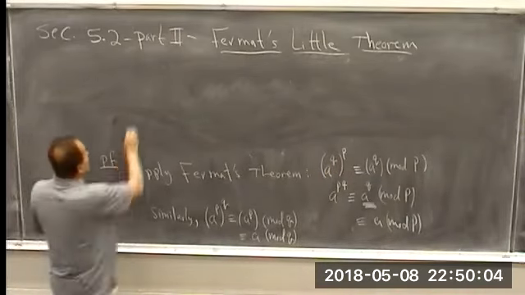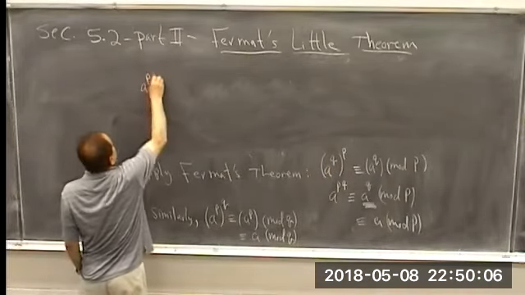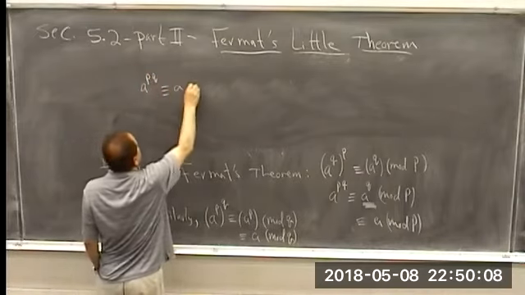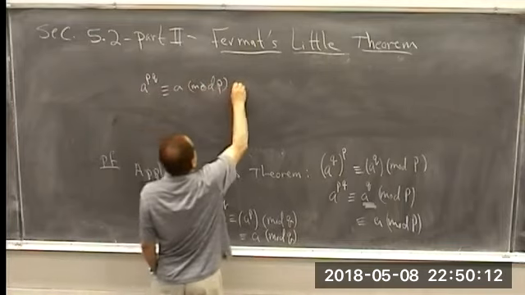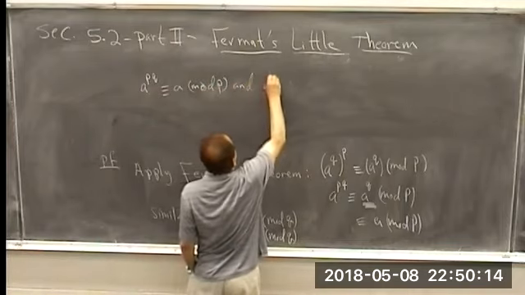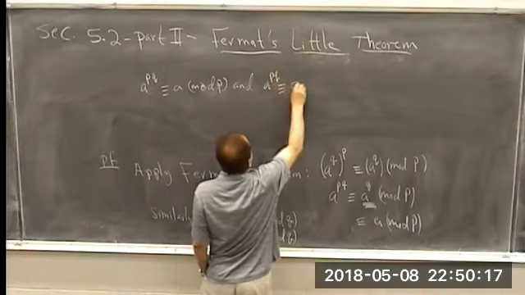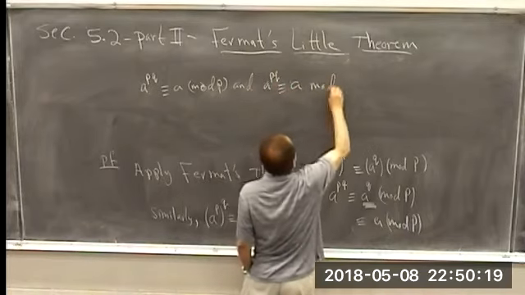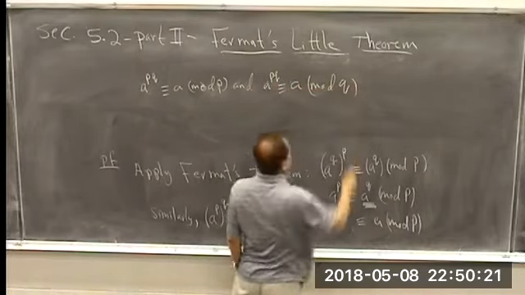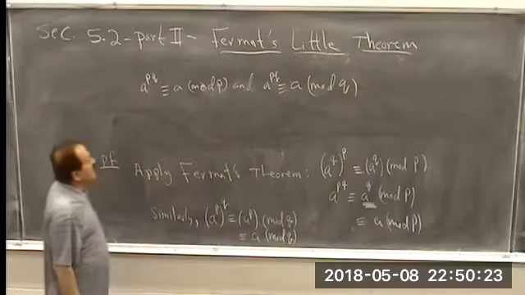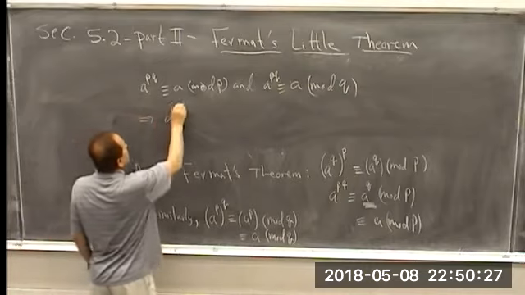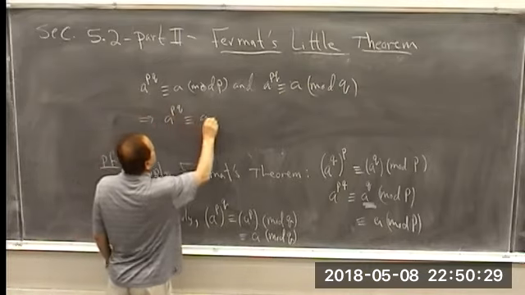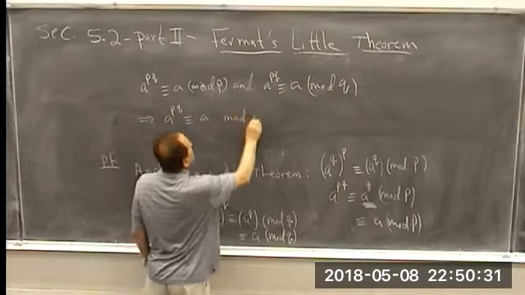So we have a^(pq) is congruent to a mod p, and the same thing is congruent to a mod q. Then the conclusion we have is a^(pq) is congruent to a mod pq.